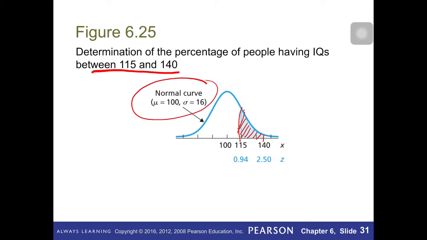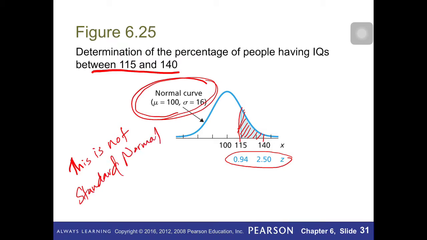To find that, first you need to figure out the z-score. In this normal curve, it is not a standard normal curve.